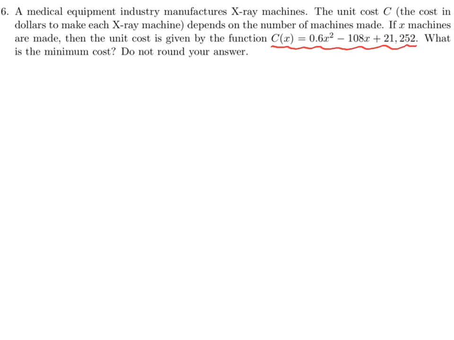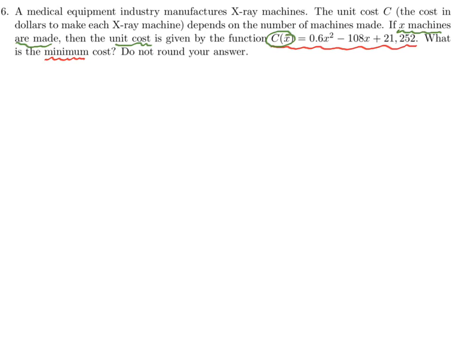So we know we've got a quadratic, so we know the graph is going to be a parabola, and it looks like A is positive, so it's going to open upward. That makes sense, and that's good, because then we will have a minimum cost, not a maximum. Now, are we looking for x, the number of x-ray machines that are made, or are we looking for cost?